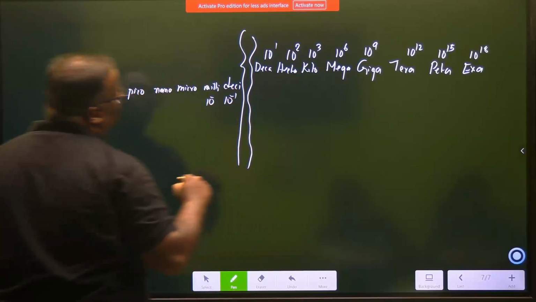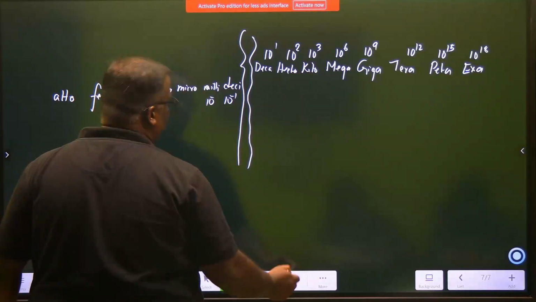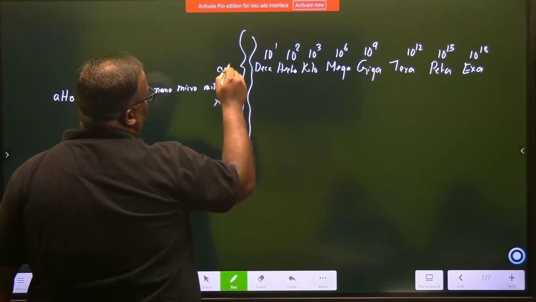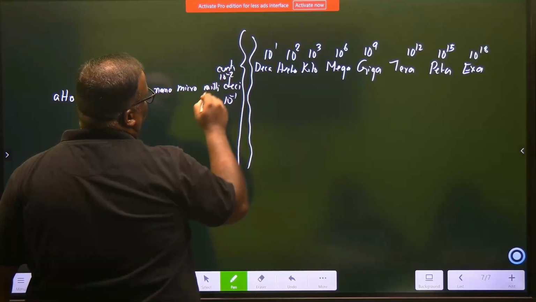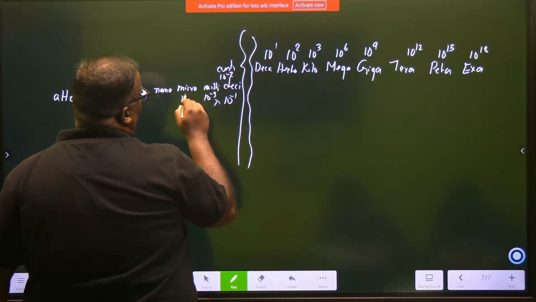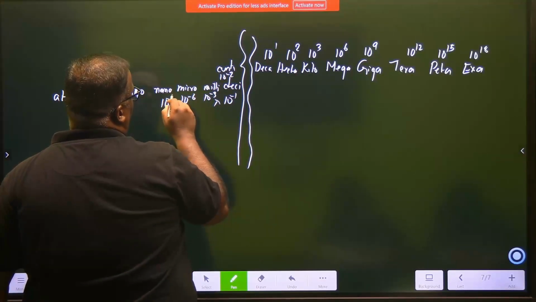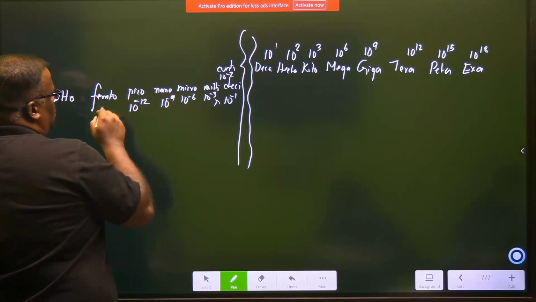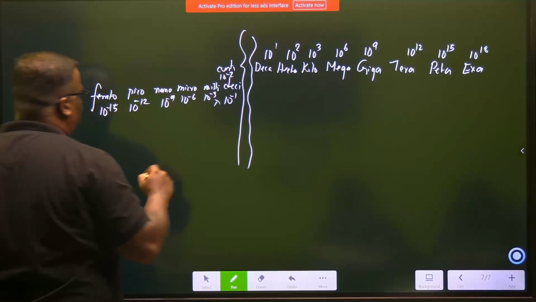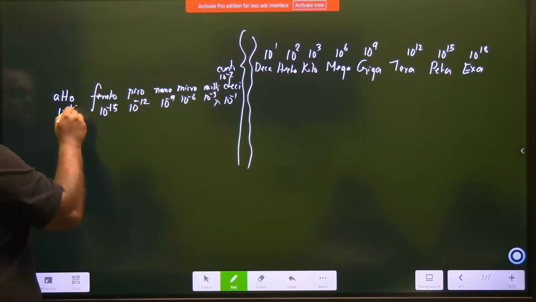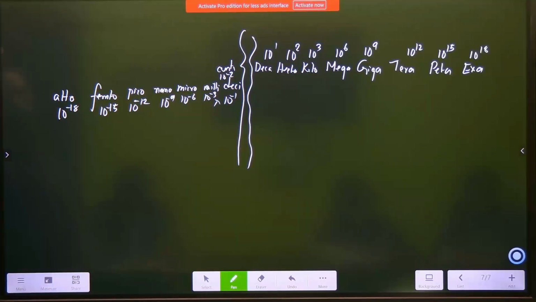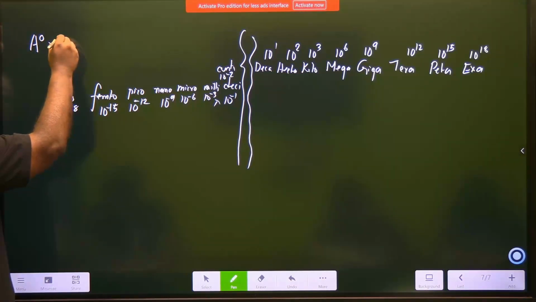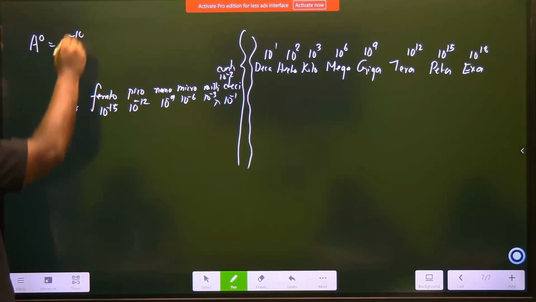Sorry, I missed out centi, which is 10 to the power minus 2, then milli 10 to the power minus 3, micro 10 to the power minus 6, nano 10 to the power minus 9, pico, which you will encounter a lot in capacitance, 10 to the power minus 12, femto 10 to the power minus 15, atto 10 to the power minus 18. We also use one more called angstrom, which is 10 to the power minus 10.